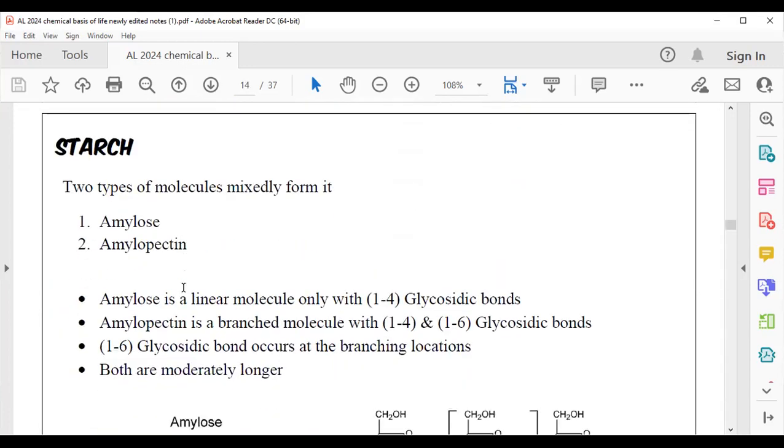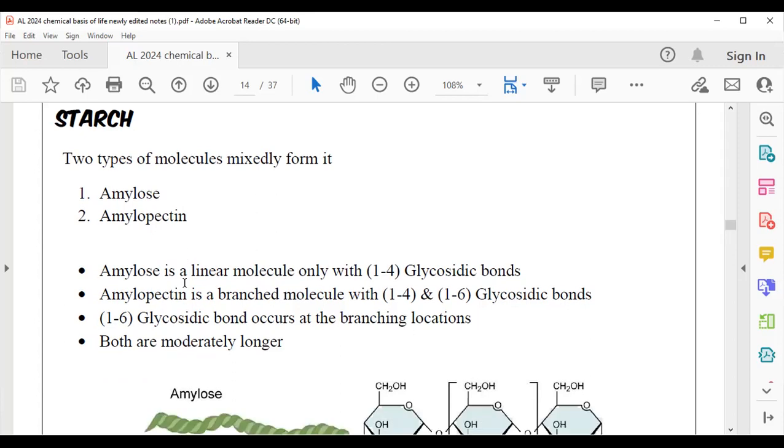Starch, as you already pointed out, there are two types of molecules present in the starch. One is amylose, the other one is amylopectin. Amylose is linear, amylopectin is branched.